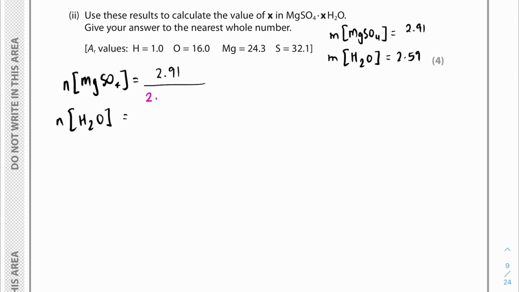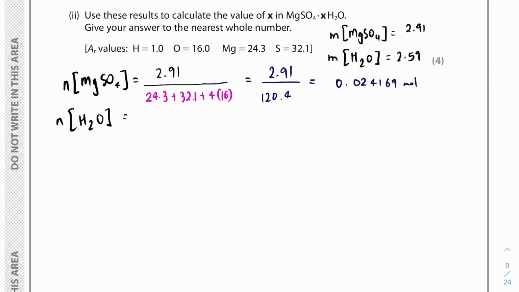So we have 24.3 plus 32.1, which is sulfur, plus 4 times 16, because we have 4 oxygen atoms. This gives 2.91 all over 120.4, which gives us 0.024169 mole.